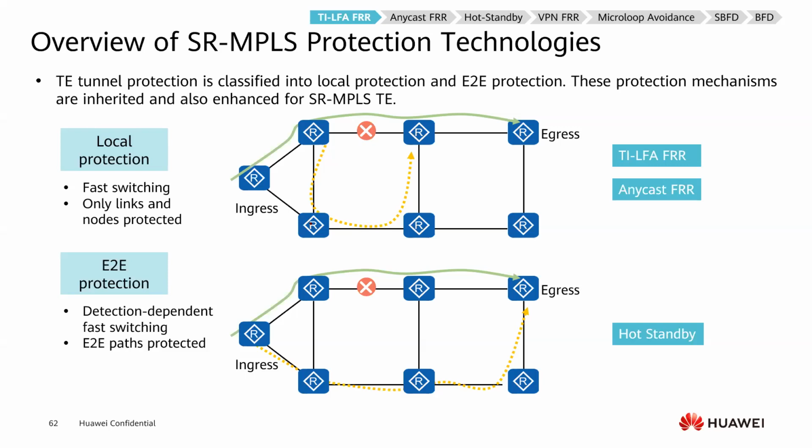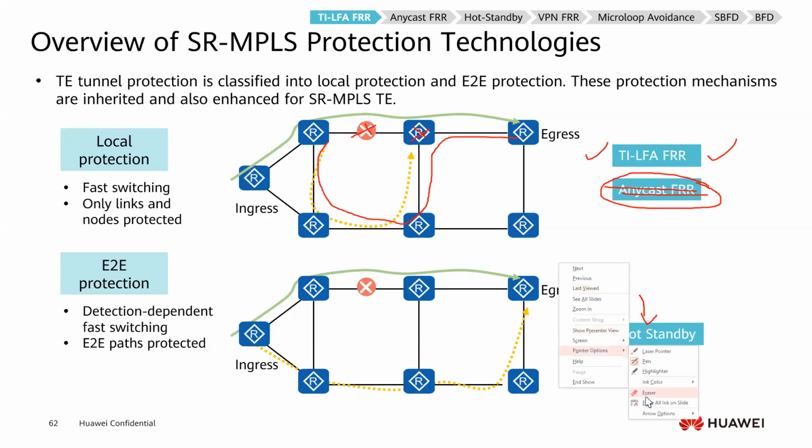Local protection, as we mentioned before, means if a link or node fails, I can bypass this link or node to forward traffic. Most of the time we use TI-LFA FRR. Other technologies exist, but are not used too much. For end-to-end, mostly just hot standby.